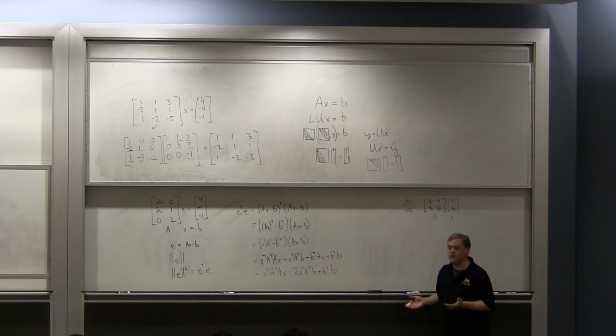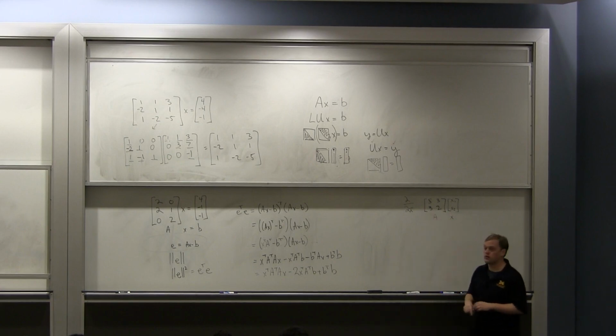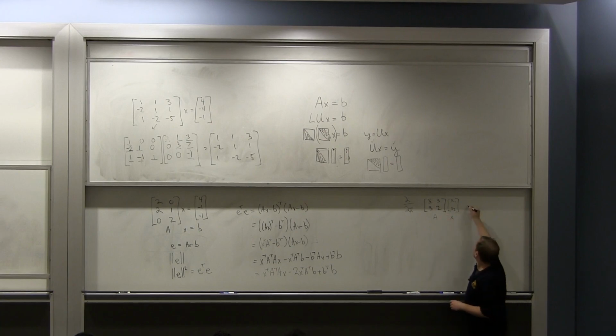So what does this mean, first of all? Let's go back to the equation story. This is just a set of two simultaneous equations, a set of two simultaneous hyperplanes, if you like. 5x1 plus 3x2, 3x1 plus 2x2, simultaneously.